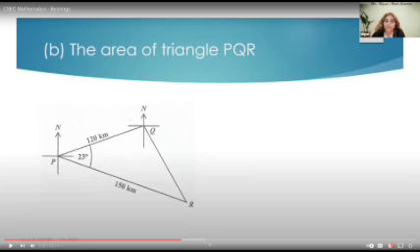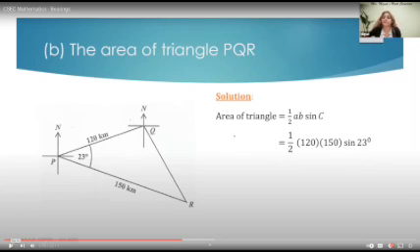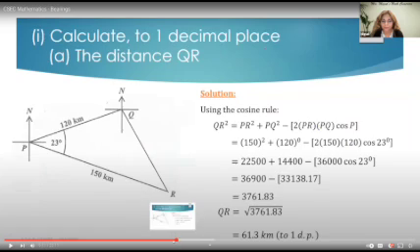All right, so area of a triangle is base times height over 2. Do you remember that? Yes, miss. But we don't have any base and we don't have any height. So let's see how we are going to work it out. Because this triangle has no altitude or height, we have to use the formula: area is a half AB sine C. So let me go back here.